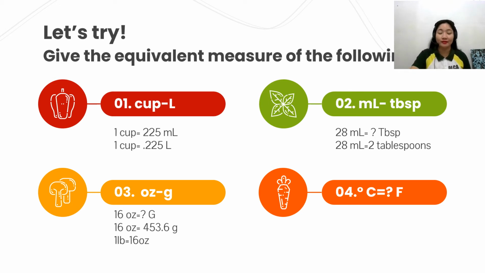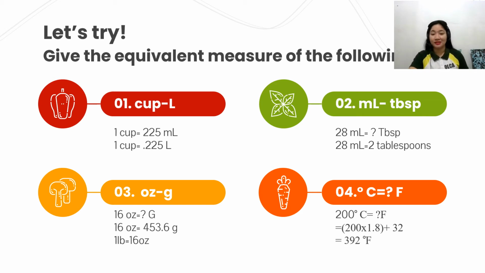We also have degree Celsius to Fahrenheit. How many Fahrenheit are there in 200 degrees Celsius? We are going to multiply 200 by 1.8, and add 32, which gives us the answer, 392 degrees Fahrenheit.